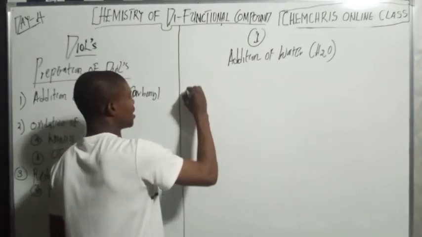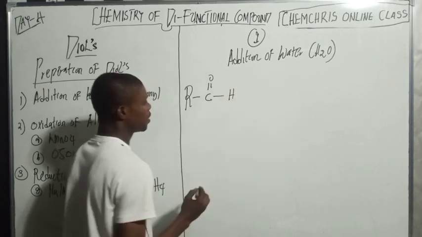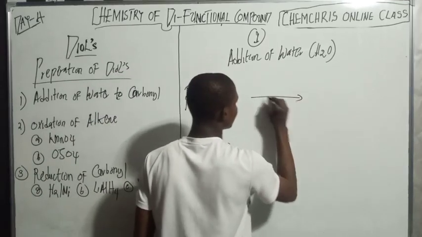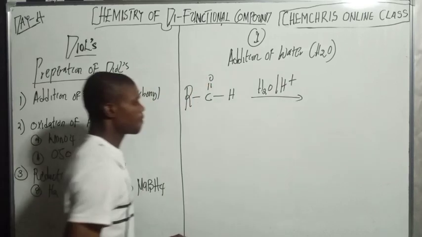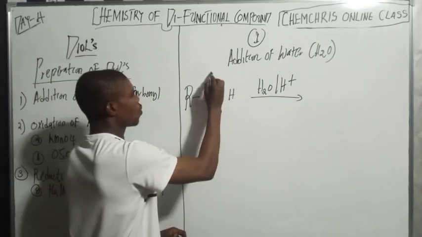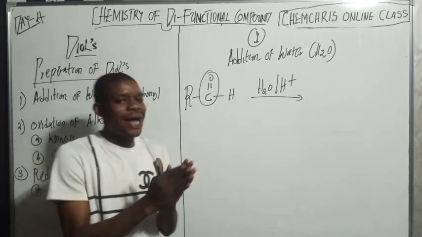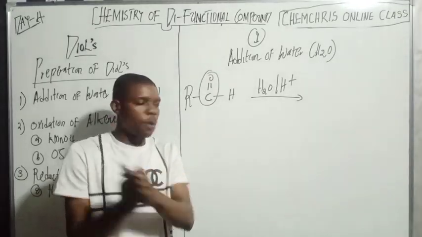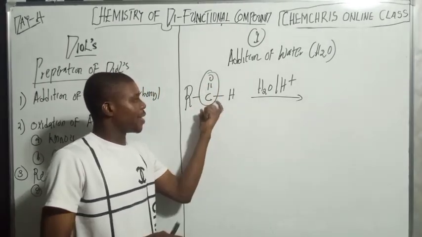Let's look at this aldehyde functional group. Now, when you add water to it, H2O, the addition will always occur at this point. You have to break the double bond, carbon double bond oxygen. So you have to break this bond here.